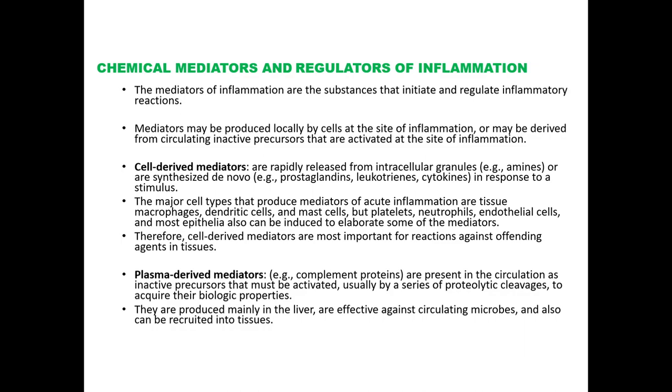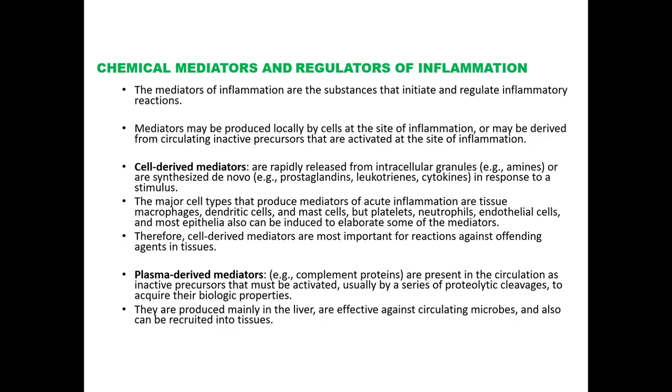Chemical mediators and regulators of inflammation. The mediators of inflammation are substances that initiate and regulate the inflammatory reaction. These may be produced locally by the cell at the site of inflammation or may be derived from circulating inactive precursors that are activated at the site of inflammation. The cell-derived mediators are rapidly released from intracellular granules, like amines, or they are synthesized de novo, like prostaglandins, leukotrienes, and cytokines, in response to the stimulus.